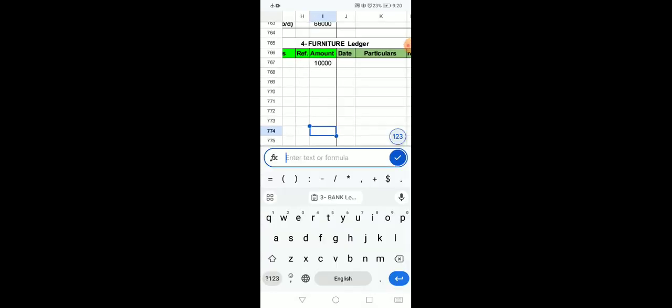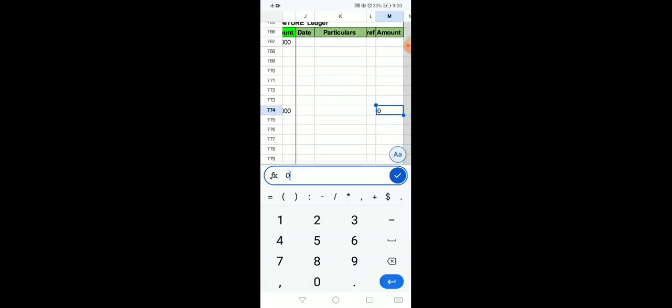Step number 1, total of debit side 10,000, total of credit side nothing is present over here, it means 0. So 10,000 total over here and total of credit side is 0 as nothing is mentioned over here. So the first step is completed, total of both sides. Now see which sum is the larger sum, that is 10,000.